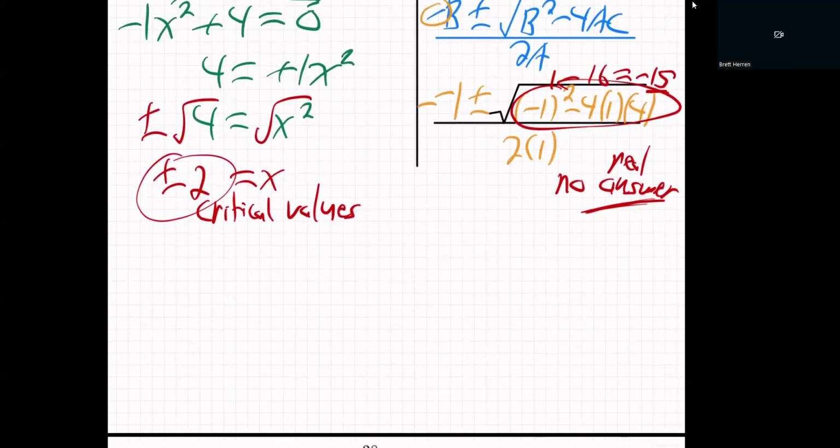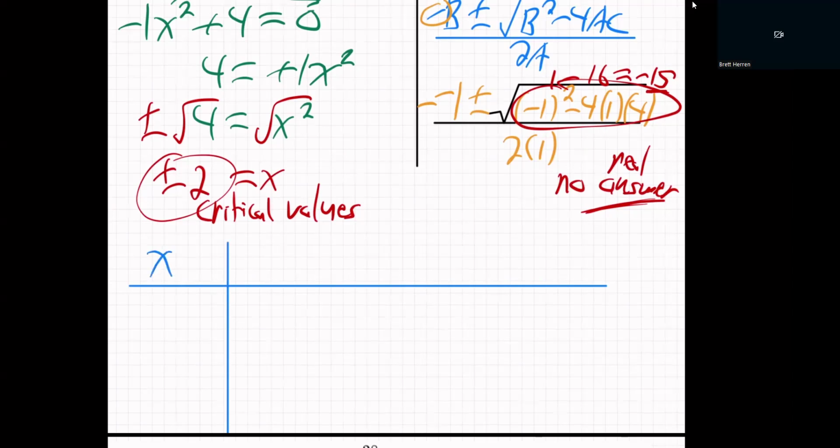So let's do that. In that table, you put the left edge, right edge, and any critical values. So what was my left edge? 0. My right edge was 6. I got a critical value of 2.